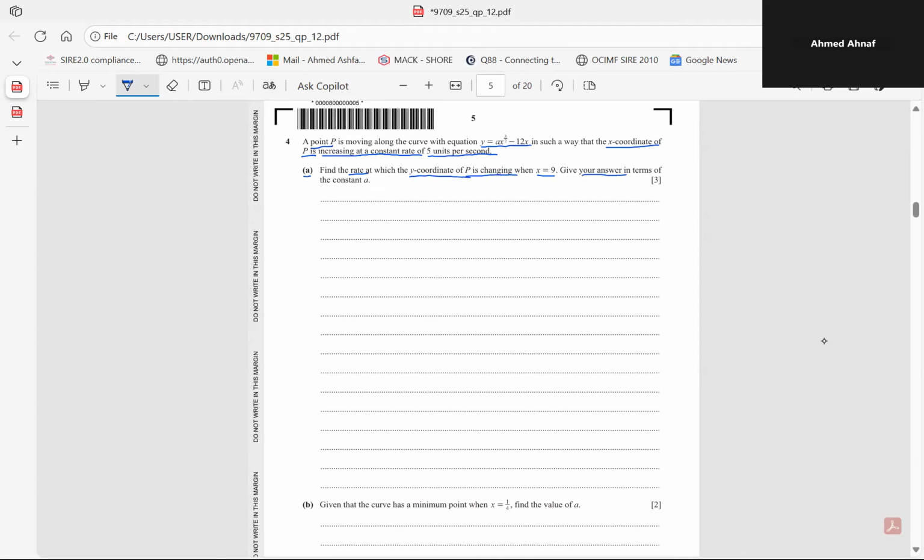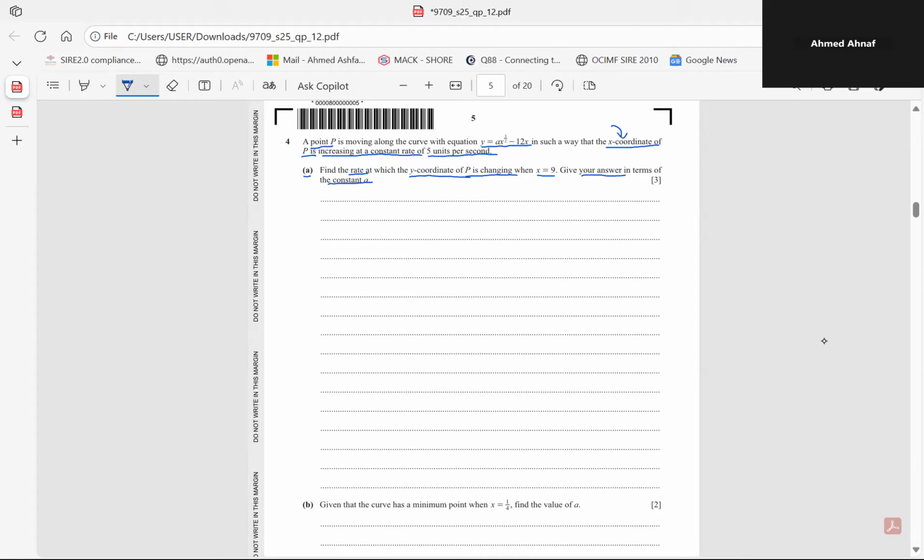And we're supposed to give our answer in terms of the constant k. Okay, so what does it mean in mathematical terms when it says the x-coordinate of P is increasing at a constant rate of 5 units per second?